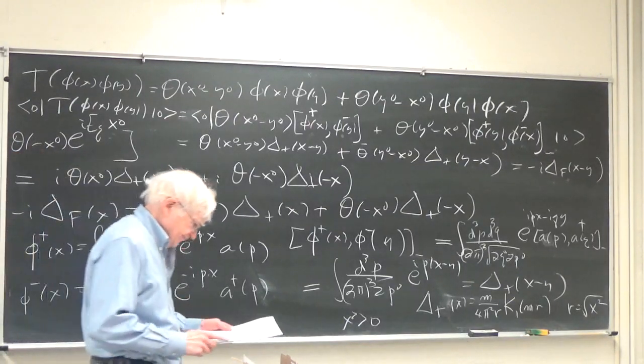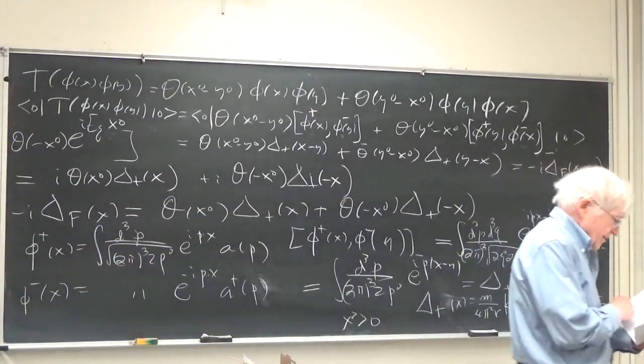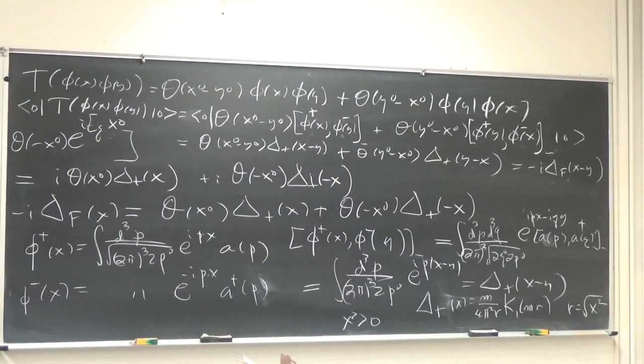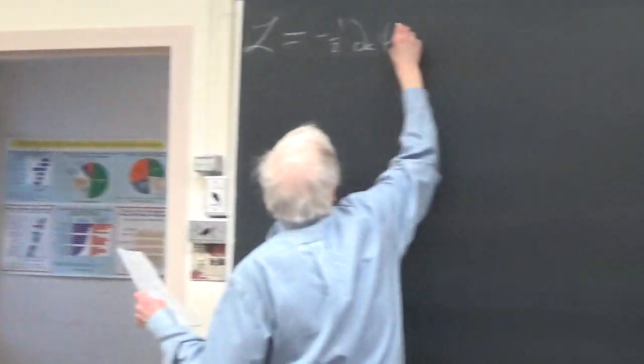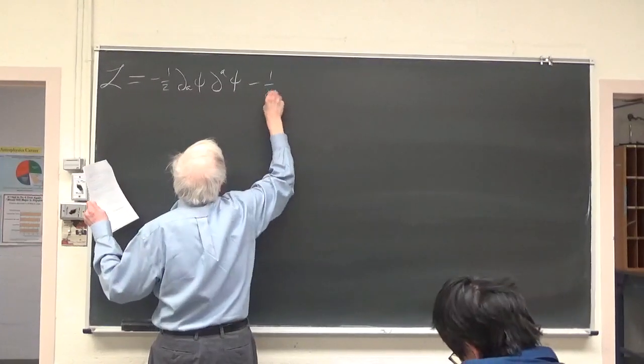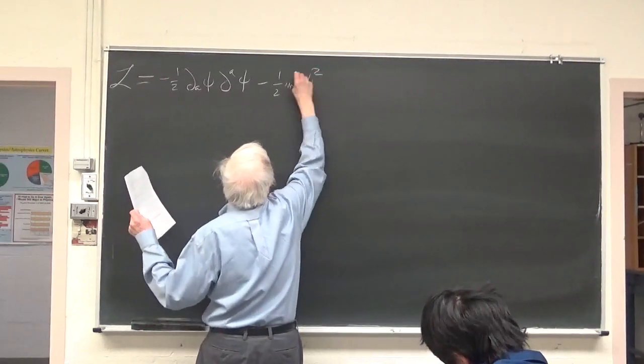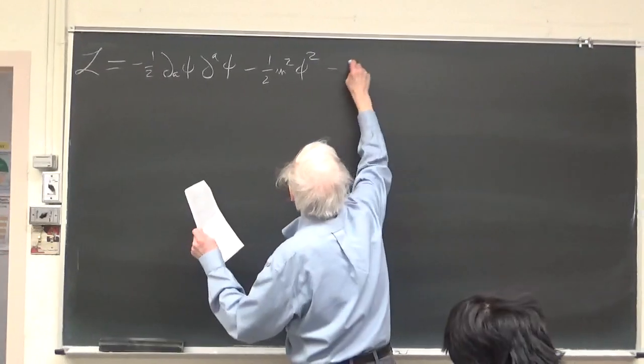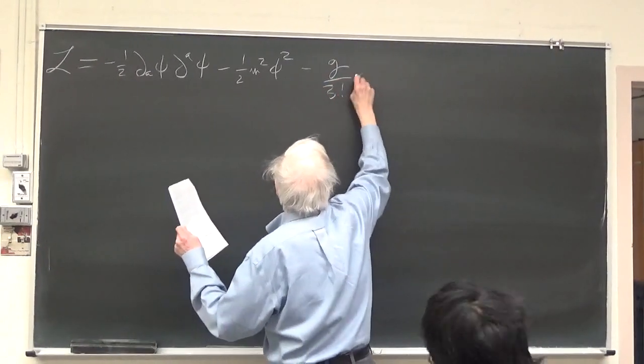Okay, well, so let's go back then to what we were doing. We were talking about a simple field theory, which is minus a half d phi squared, minus a half m squared phi squared, and then minus g over 3 factorial phi cubed.